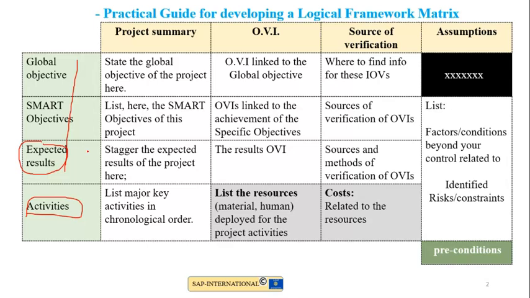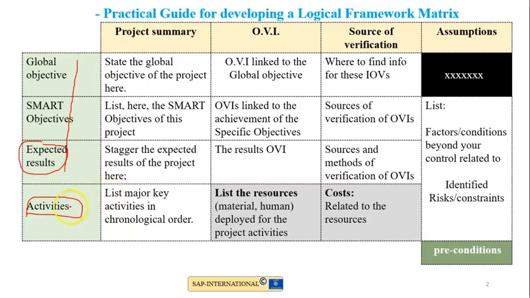The first are immediate results, which are also called deliverables, or the product or output. And secondly, we have the intermediate results, also called effects. And lastly, the long-term results, which are also called impact. So we shall check this through a practical case study.